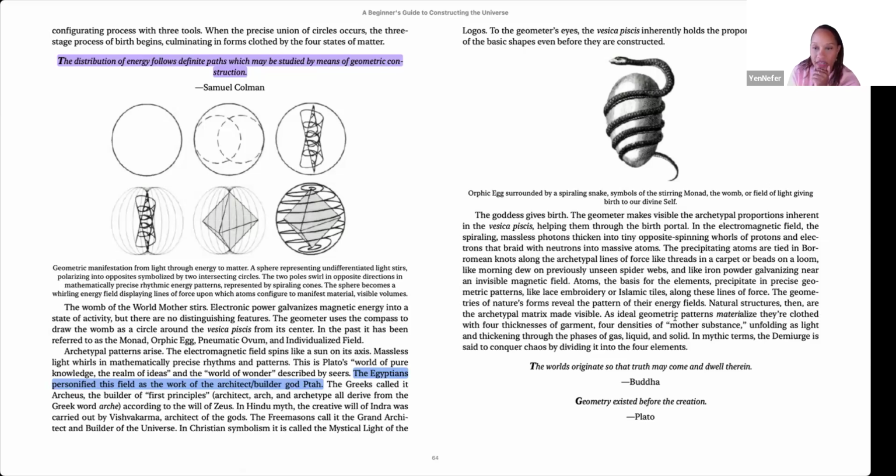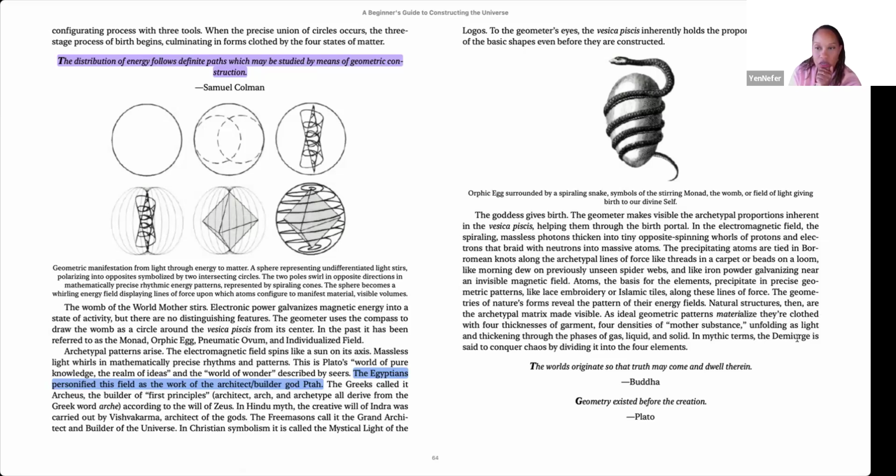As ideal geometric patterns materialize, they're clothed with four thicknesses of garment, four densities of mother substance, unfolding as light and thickening through the phases of gas, liquid, and solid.